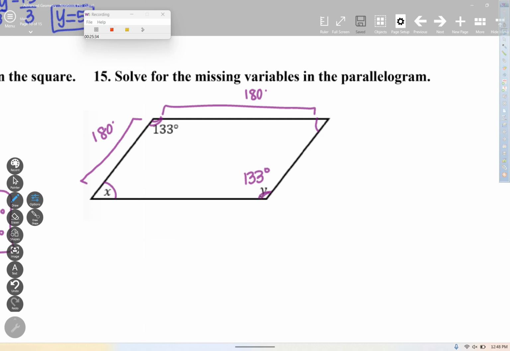Well, 133 and x together make 180. So if I take x plus 133 equals 180, I can just subtract 133 and find that x is 47. Pretty cool. That's all there is to it. Parallelograms I find to be one of our simpler shapes, which is good.